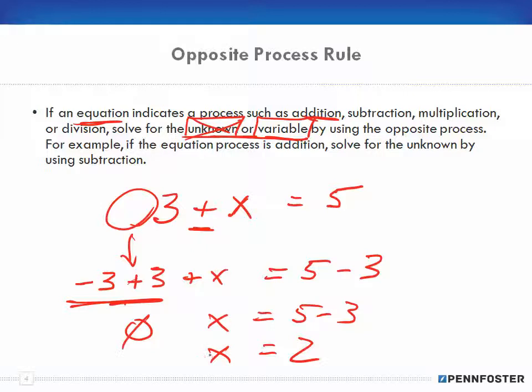Now, in your head, you probably did that really quick, right? Just because you've had so much life experience. But this here is the process that you go through mathematically, and you need to know this process in order to work with more difficult equations. You have to know these rules and understand the concepts in order to be able to work with more difficult equations.